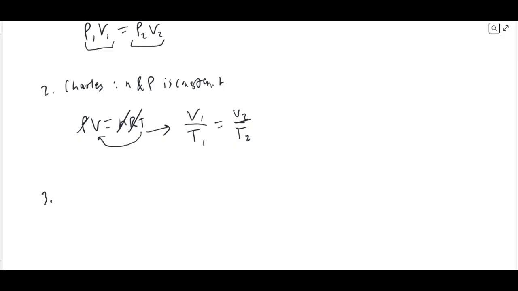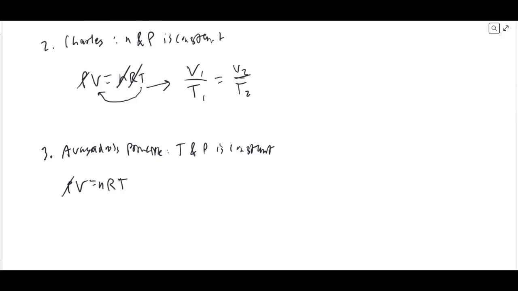And now for Avogadro's principle, we say that temperature and pressure are constant. So we can get rid of pressure here, R is gone as usual, and temperature is gone. Therefore, our relationship is this.